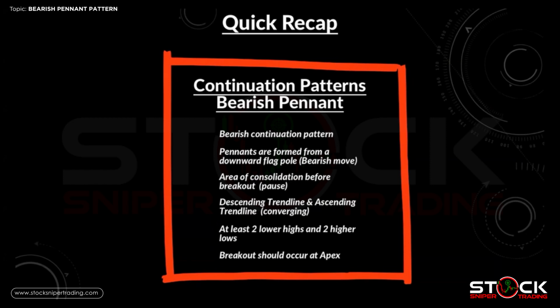We should see at least 2 lower highs and 2 higher lows in the pennant. And when the breakout occurs, we should see continuation to the downside and more bearish momentum and volume continuing to push the price down and making new lower lows and lower highs.